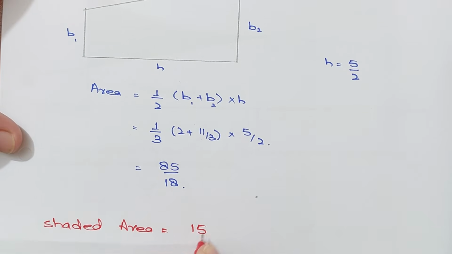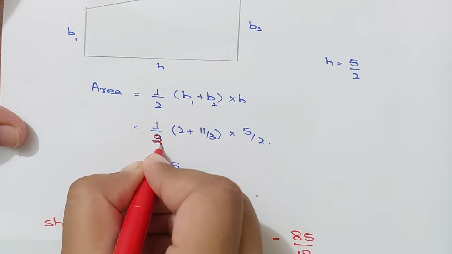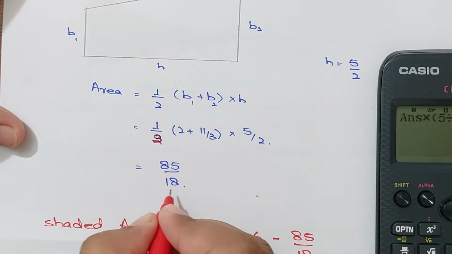The area under the curve is 15/2 plus 2 ln 6. Subtract the area of the trapezium, which is 85 over 18. Sorry, this is half, not 1 by 3. So (2 plus 11/3) multiplied by 1/2 multiplied by 5/2, which is 85 over 12, not 18, sorry.